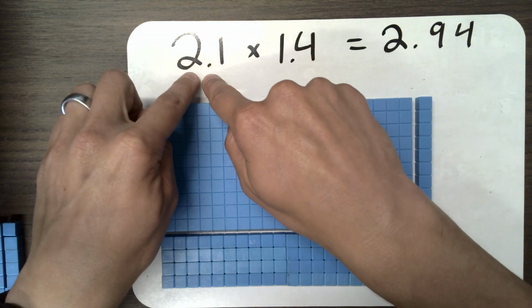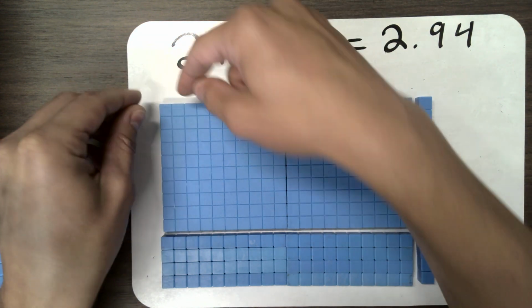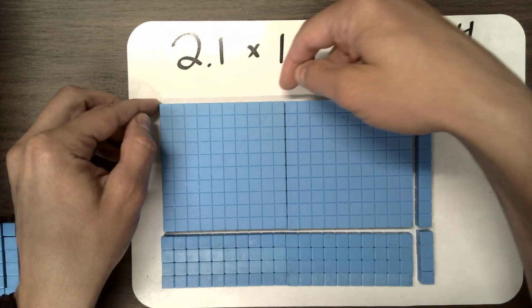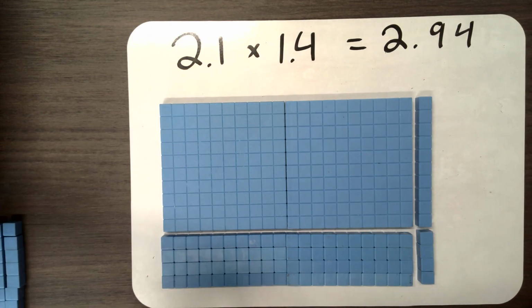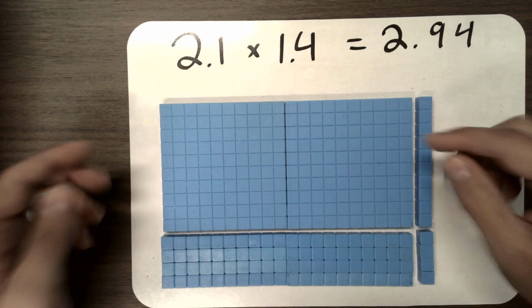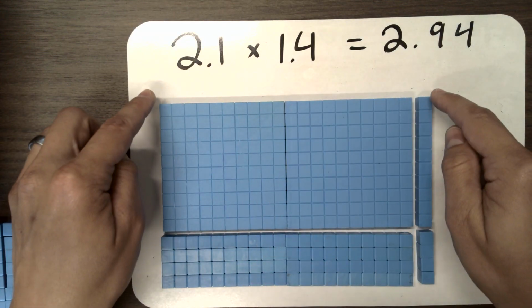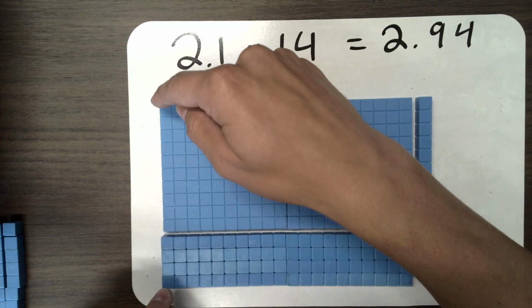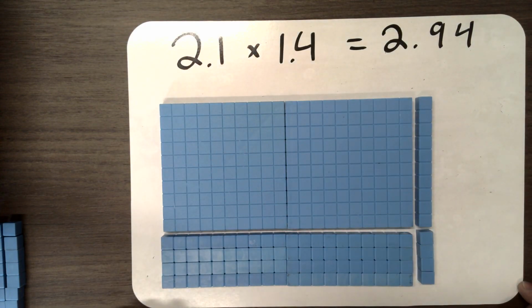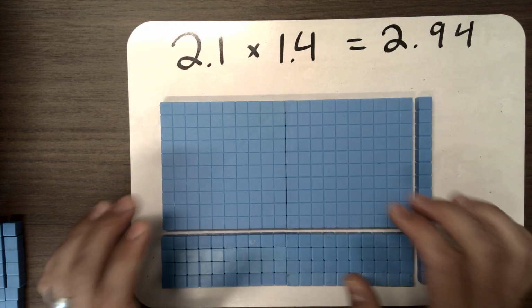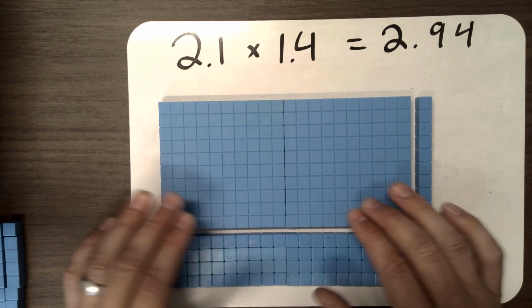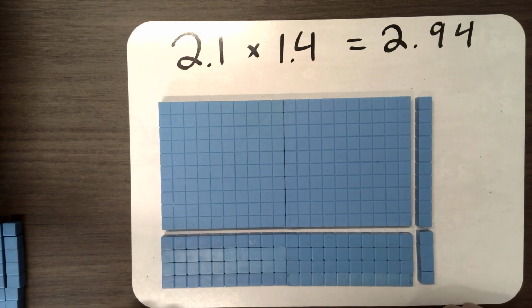And if we have 2 1/10 groups, this is one full group, second full group, and then that tenth of a group. So it's an area model with a width of 2 1/10 and a height of 1 4/10. The reason I separated this is that it breaks it apart by place value.